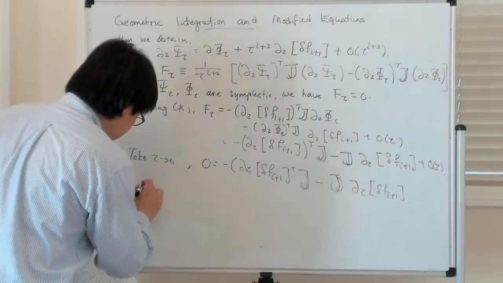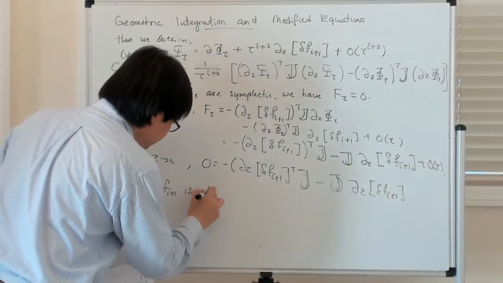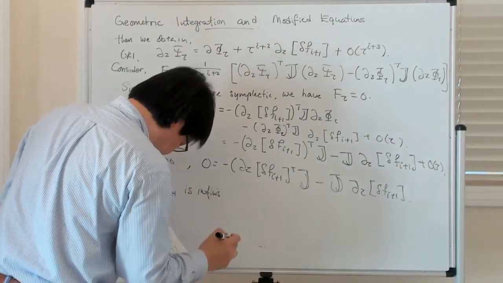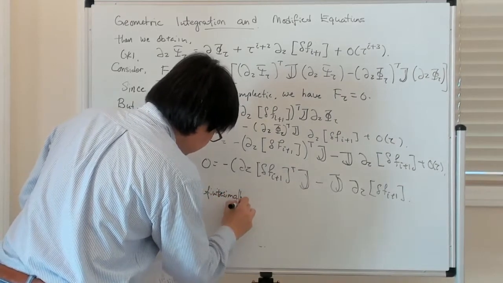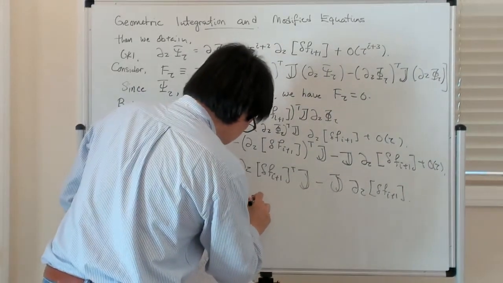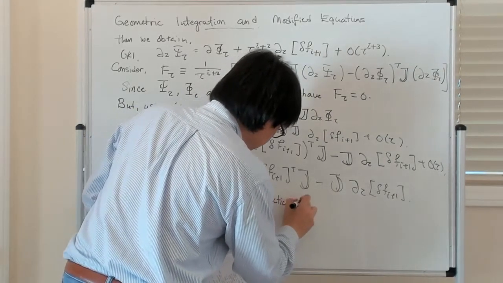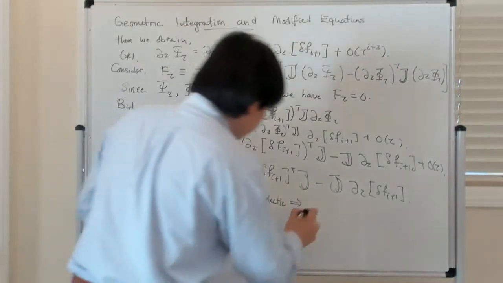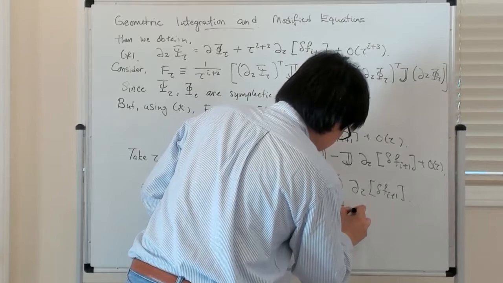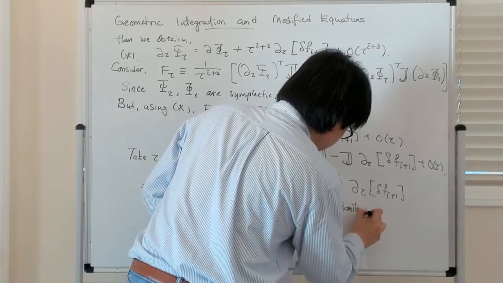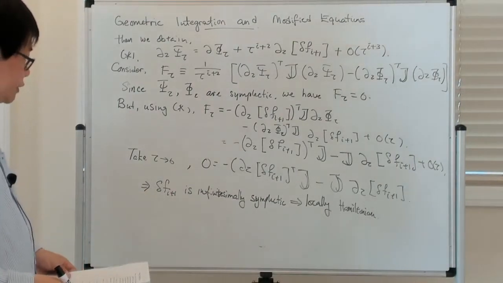Okay, so this implies that delta f_{i+1} is infinitesimally symplectic. And this implies that it is locally Hamiltonian, which is to say that locally you can write this as the Hamiltonian vector field of some Hamiltonian.